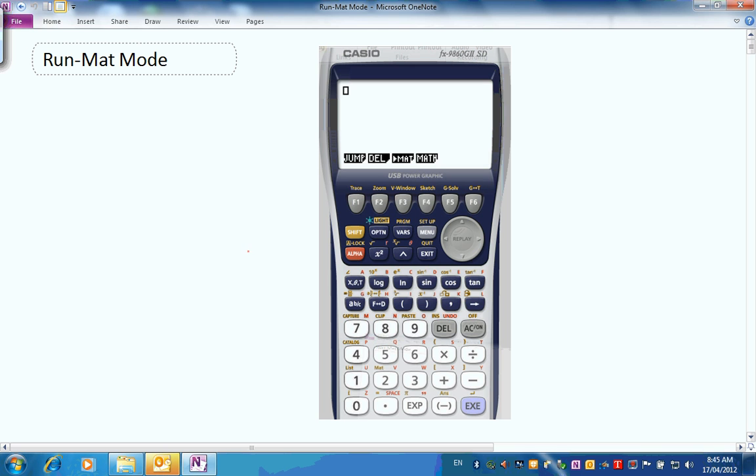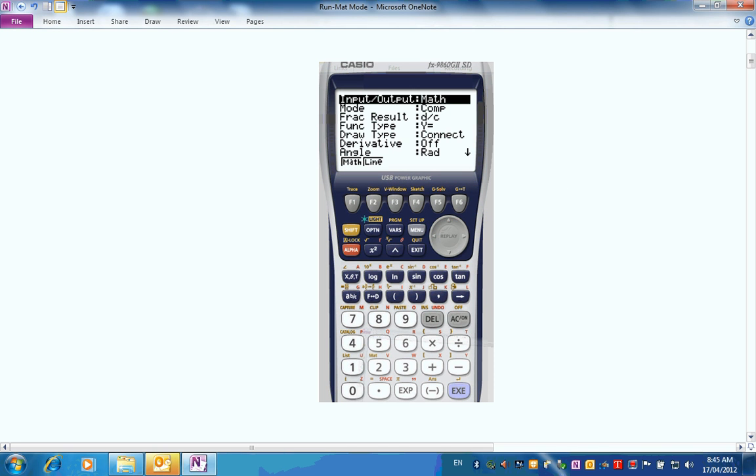So firstly hit Shift in here, followed by the Menu button here, and then you will see that enters the setup mode of the calculator. If you do that, you'll then see this screen, and as you can see there, highlighted is the input-output line, and that has got math entered there.